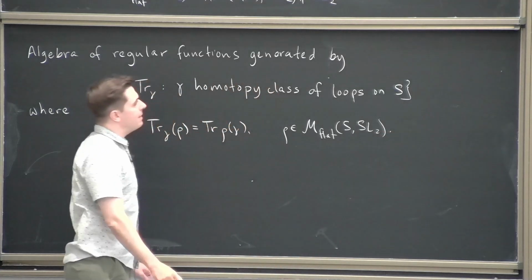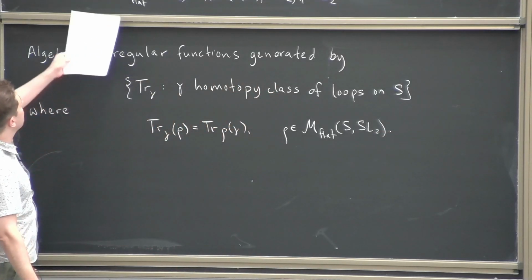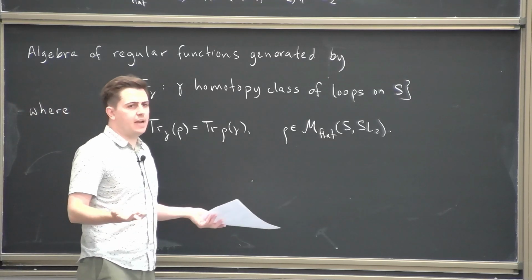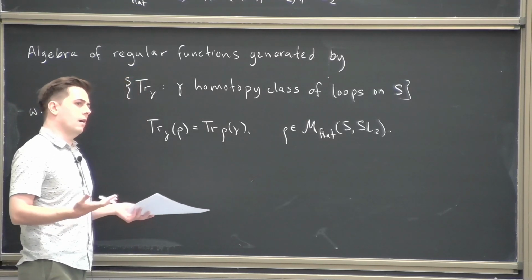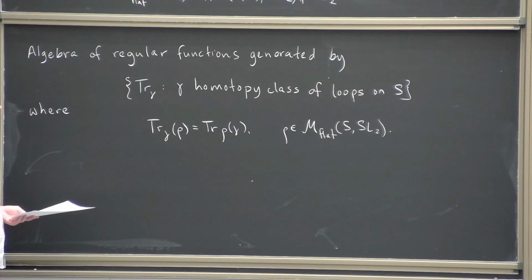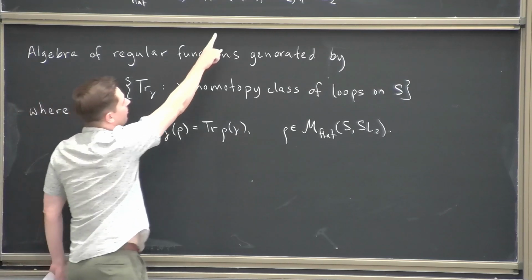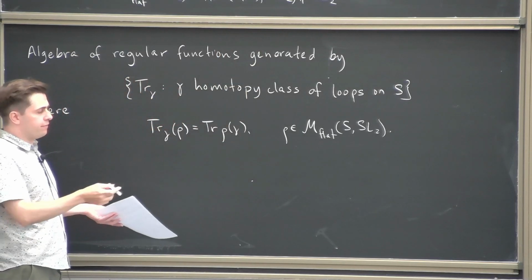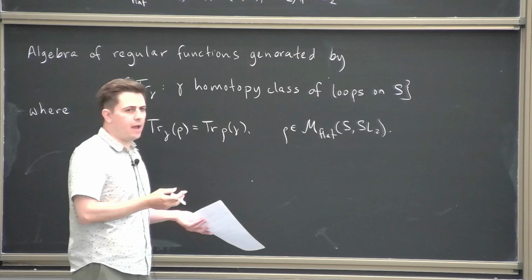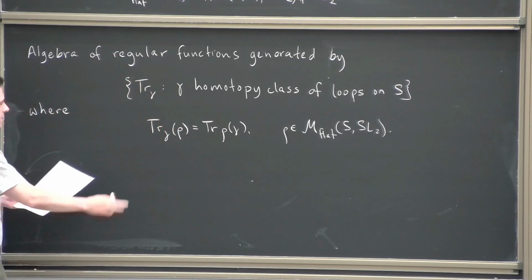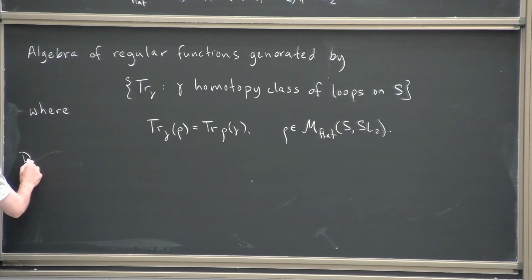Okay, now I mentioned that we talk about surfaces with boundary, and in the case of a surface with boundary, it's very natural to modify this construction a little bit and look only at homomorphisms that behave in a specified way for boundary components. So let me explain more precisely.